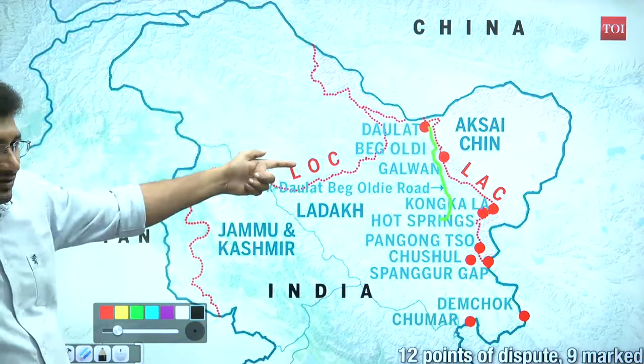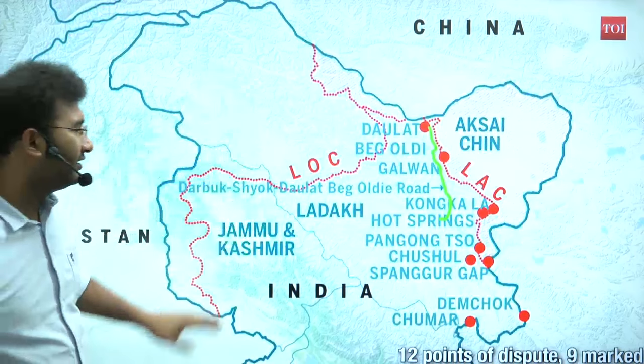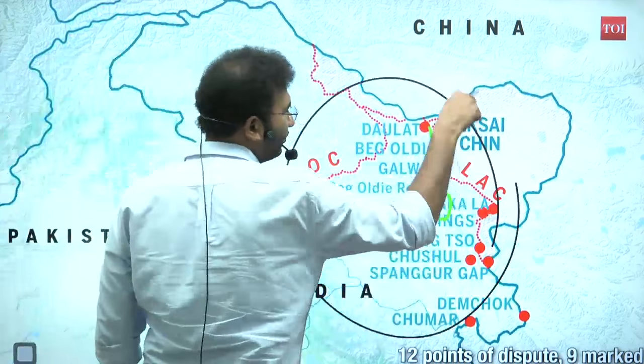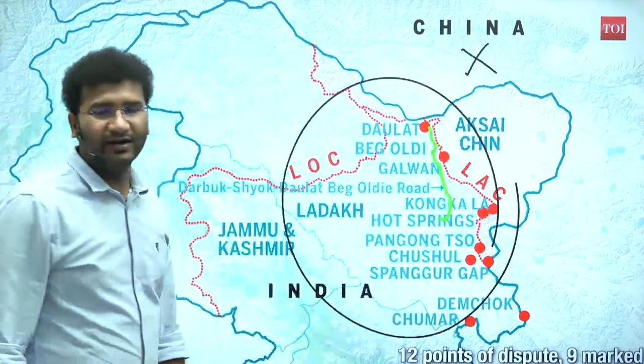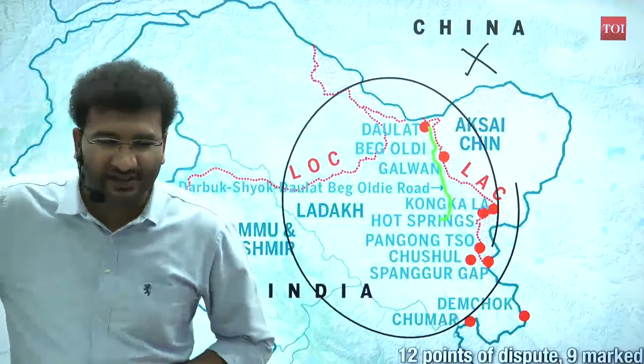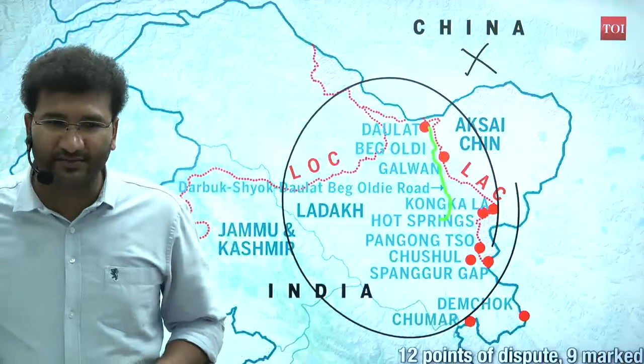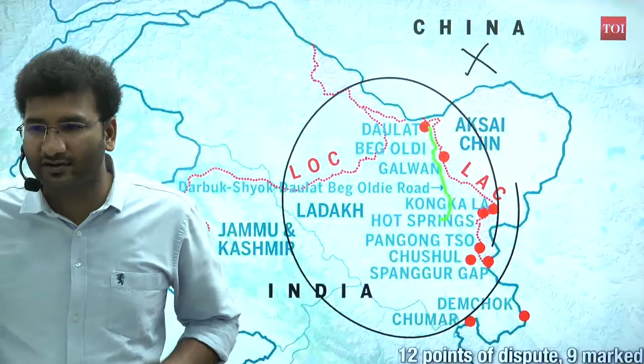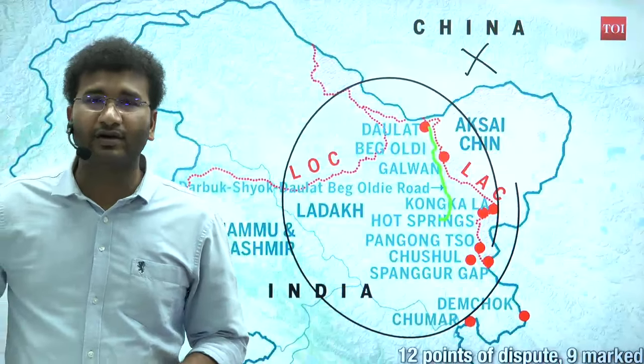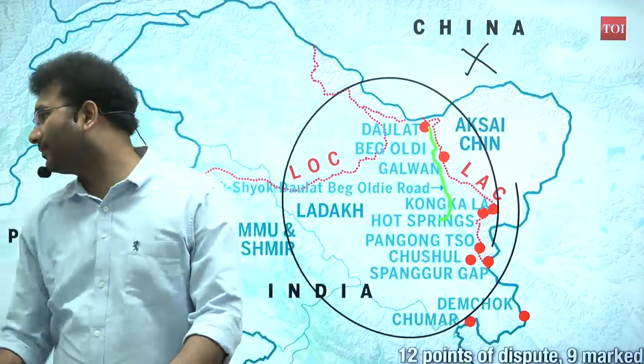And then it is Konkala, a hot spring area. These are some places that can be asked in current affairs. If any of these places is in the news, only then it is important, else it is not much important. Just know that these are the disputed places. And all of you got the handout? Online it shall be uploaded in some time, don't worry.